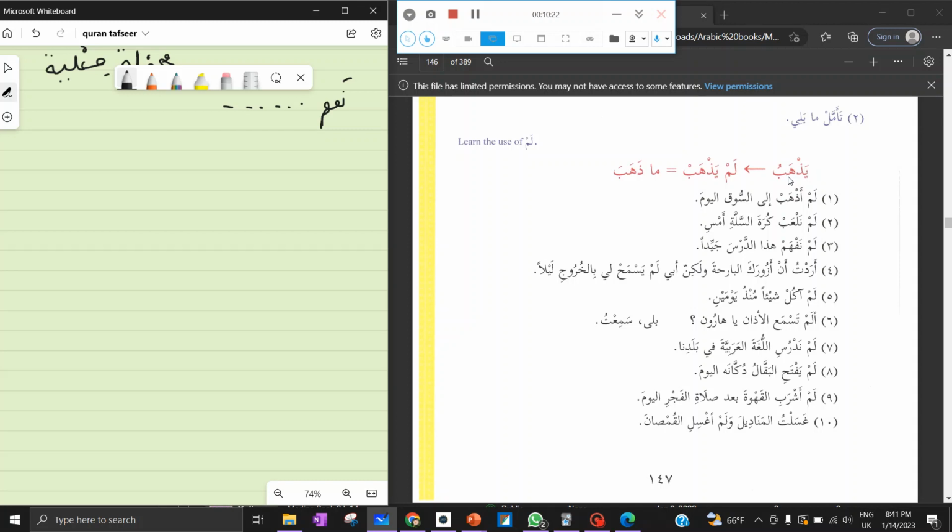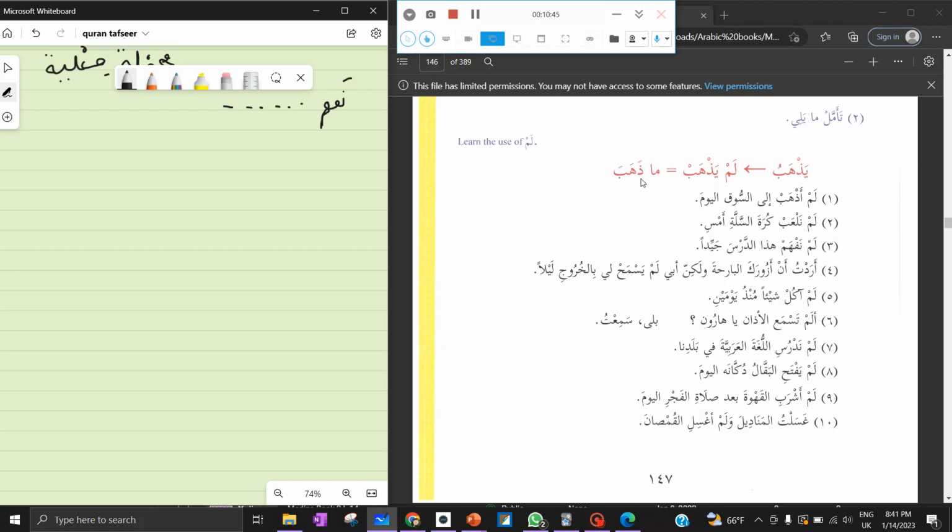It is for ghayab. And lam yadhhab means the present tense is being negated by the particle lam or harf manfi. That means you are negating the present tense when you want to negate something in present. So you will use lam. Yadhabu, he goes. Lam yadhhab means he did not go.